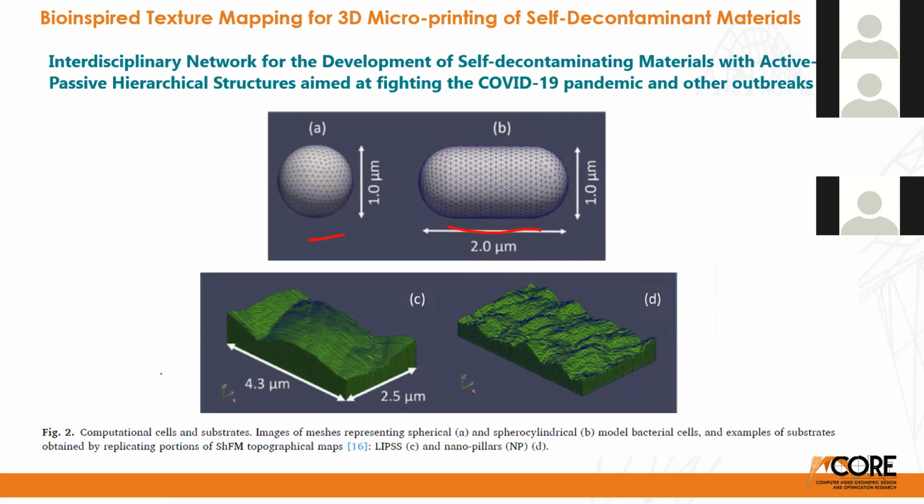And then they simulate with the surface, the topography, only these two types of topography. They call this type lips, and these they call nanopillars, which I think is very modest as a name. But this is what they experiment with, because of the difficulties of this process.